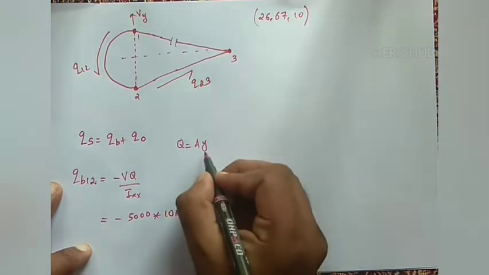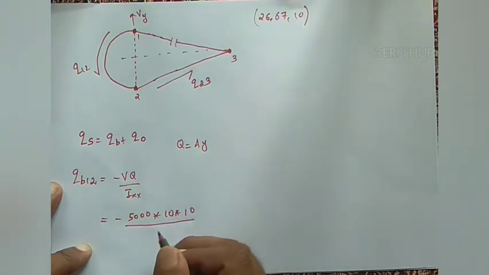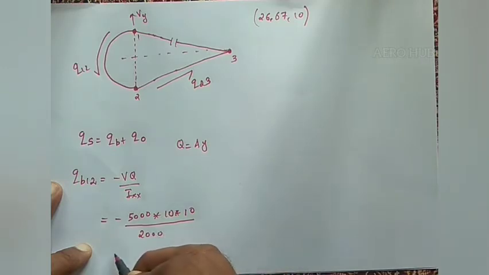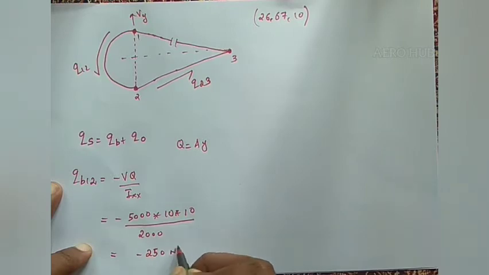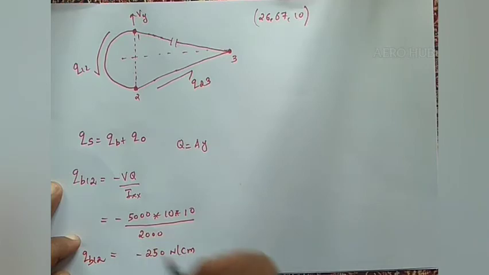So I can write Y as 10 divided by Ixx. The value of Ixx is 2000 centimeter power 4. So I will be getting minus 250 Newton per centimeter for qb12.